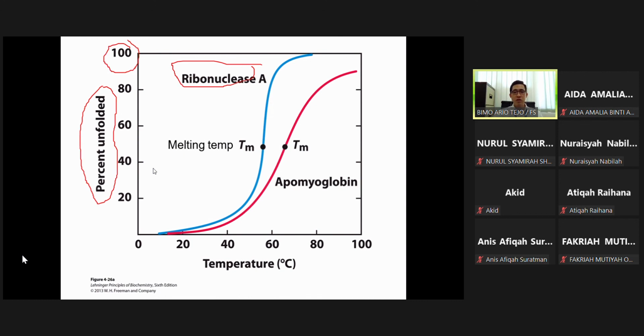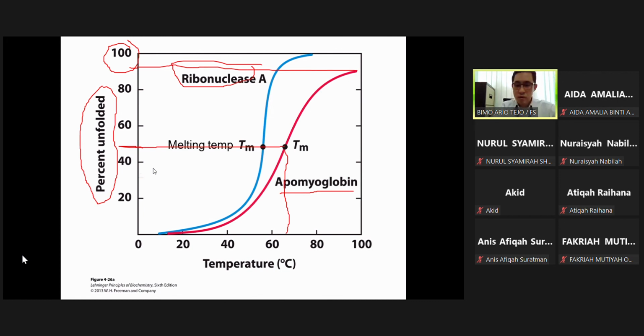Almost 100%. Apomyoglobin, this is the protein in your hemoglobin. At around 65 degrees Celsius, 50% is destroyed. You increase to 100, around 85%, and around 90% of the protein will be destroyed. So that's the effect of temperature.